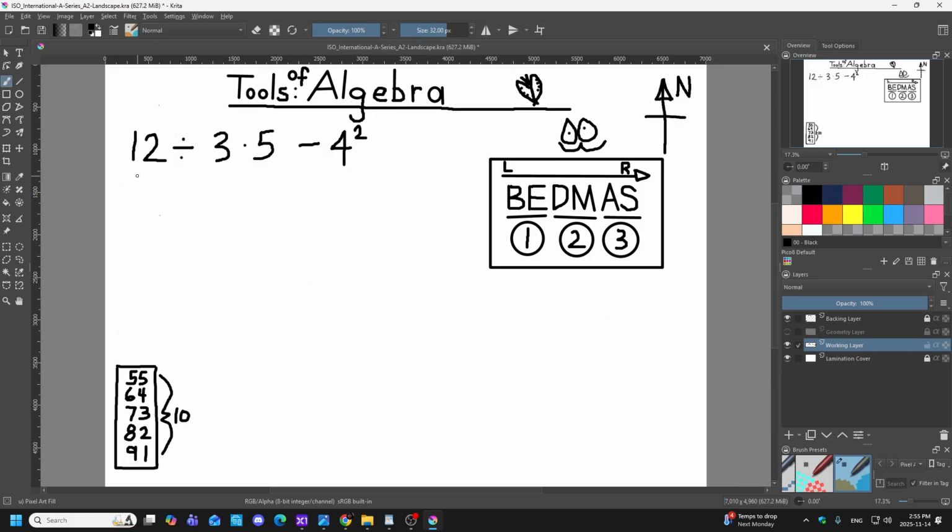Now again, we're going to be going left to right. We shall start with 12 divided by 3.